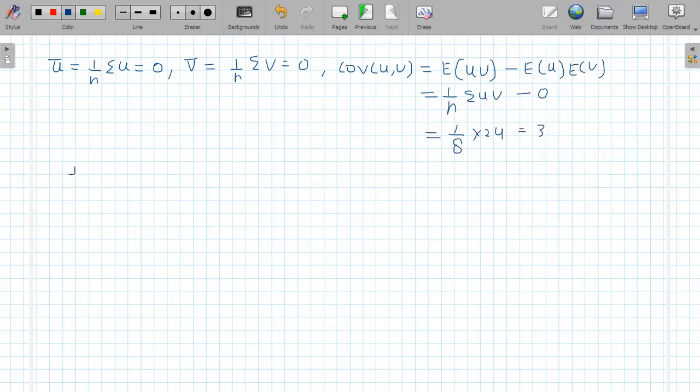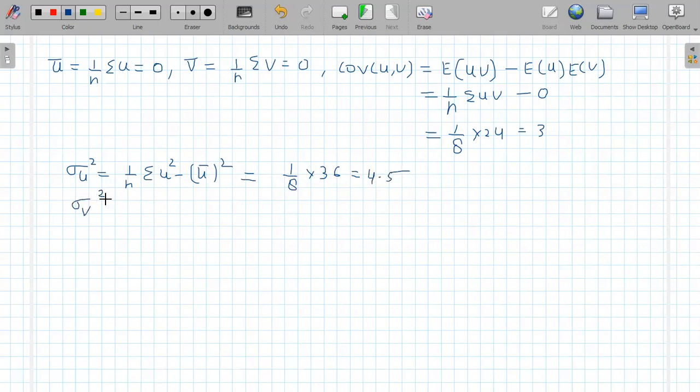Now we find the variance of u. Sigma u square is 1 upon n summation u square minus u bar whole square. It comes from the formula expected value of u square minus the expected value of u whole square. u bar is 0 and the sum of u square is 36, so it is 4.5.